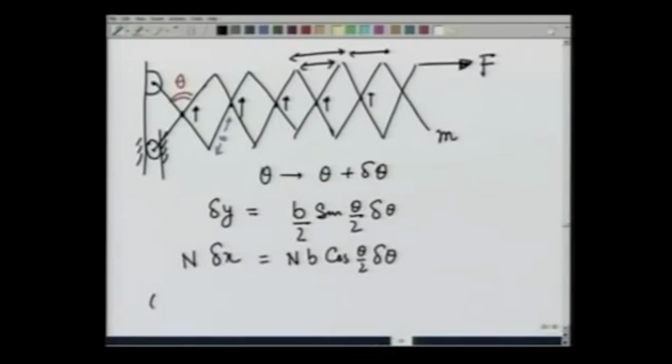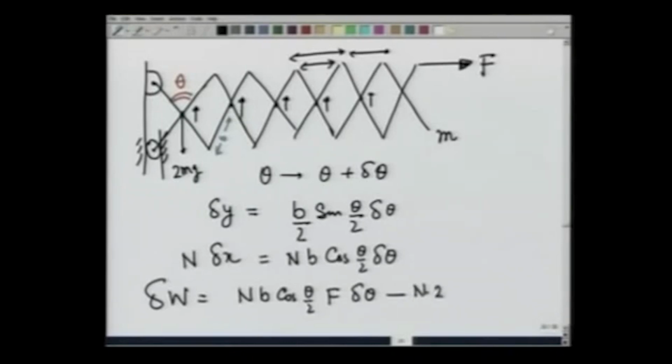So work done, virtual work done, is going to be n b cosine of theta by 2 times F delta theta, minus this delta y at each link is doing work against 2 mg, and there are n such points. So therefore, I am going to have n times 2 mg times b over 2 sine theta by 2 delta theta, and this should be 0.